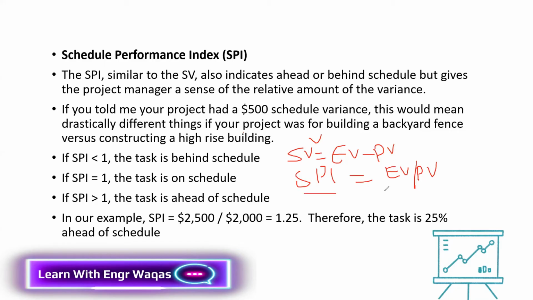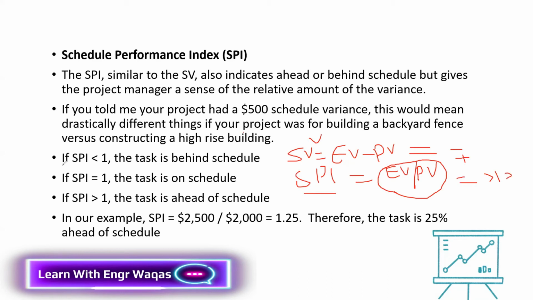In SPI, it is earned value divided by planned value. In SV, it is going to give you the trends of negative values and positive values. But here in schedule performance index, you have to memorize the trends with respect to whether the output is greater than one or lesser than one.